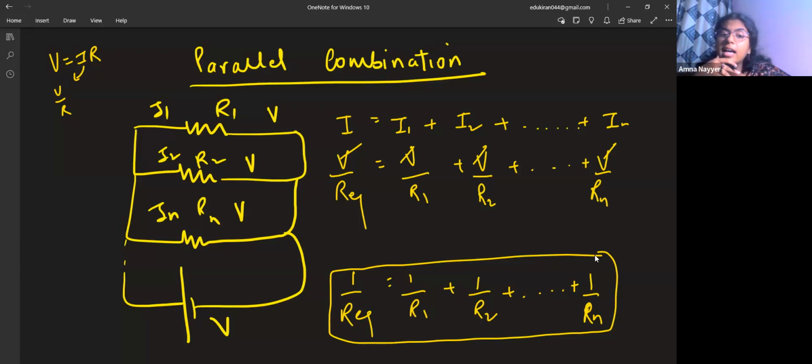Similarly, if I ask you what is the total voltage, you will tell me V is the total voltage. If I ask you the individual voltage, you will tell me V is the individual voltage of all the branches, right? This only you will mention. If I ask you the individual current of each resistor, how will you answer?